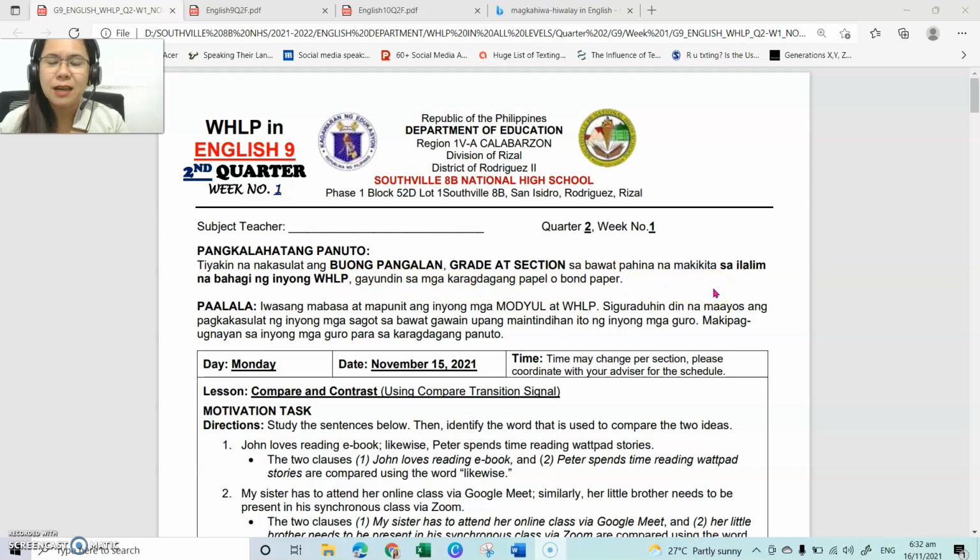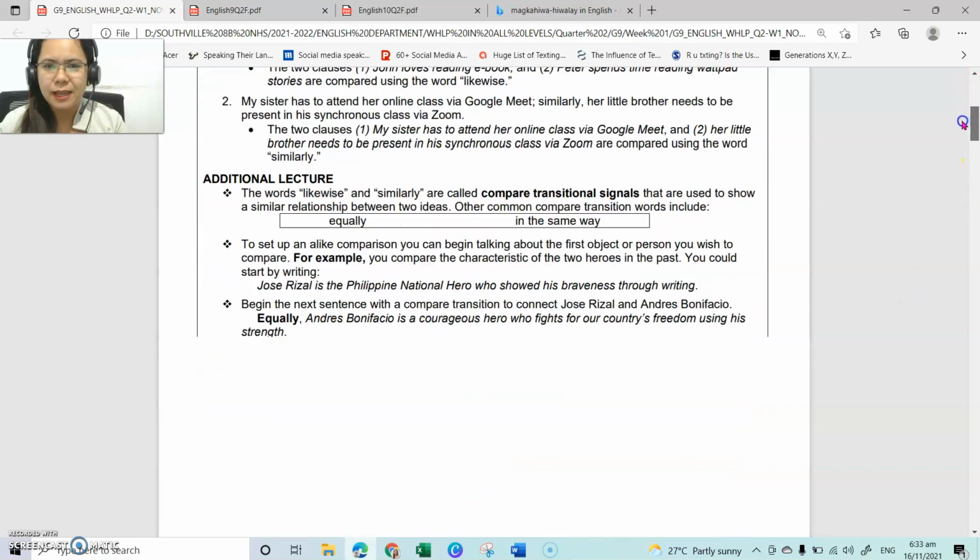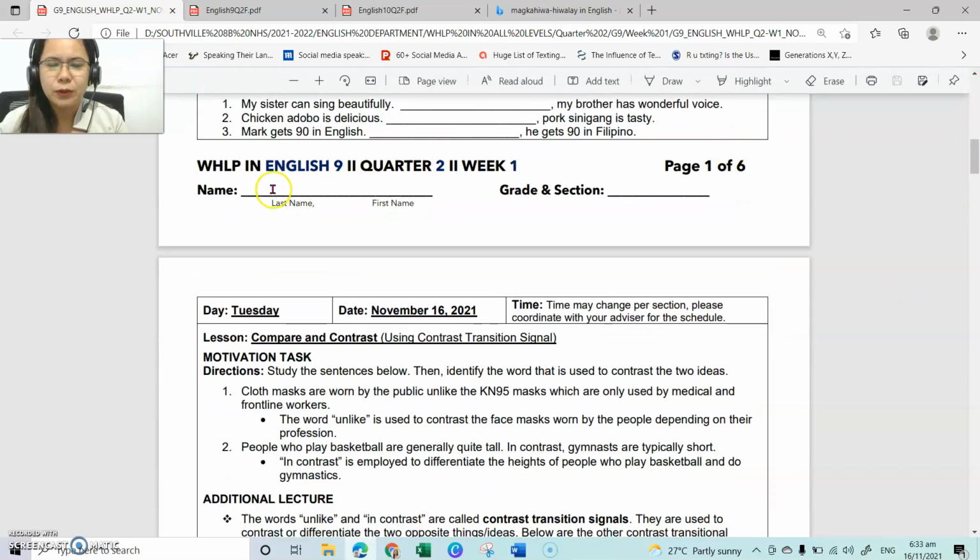So sometimes class, it is not expected that your outputs are separated from one another. For this reason, I encourage you to write your name, grade, and section on each page of this WHLP, which you can find at the bottom. Okay, sa ilalim daw, here. So you're going to write your last name, first name, grade, and section.